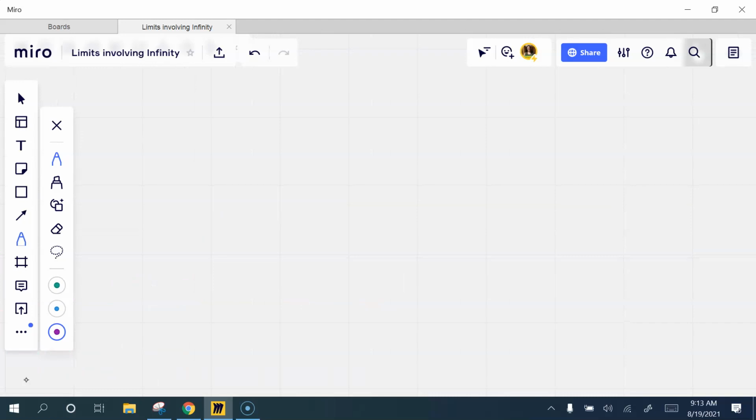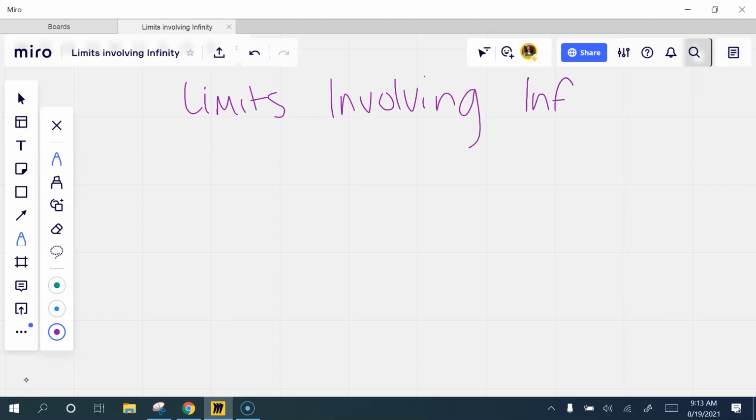All right. Let's do limits involving infinity. What is weird? He's always been weird. What am I doing? All right. Limits involving infinity. I know. Why are they here? They're here like before.